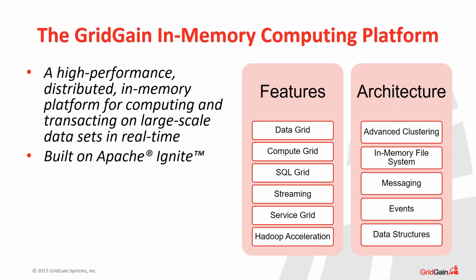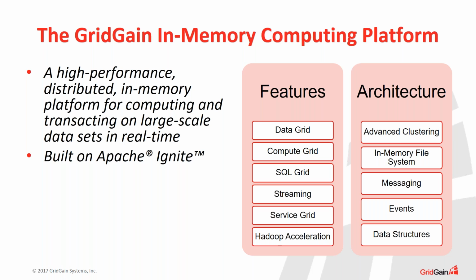We also do Hadoop acceleration, and we do this with advanced clustering. This can be where nodes find each other, clusters find each other, nodes can fail over to each other, clusters can fail over to each other.